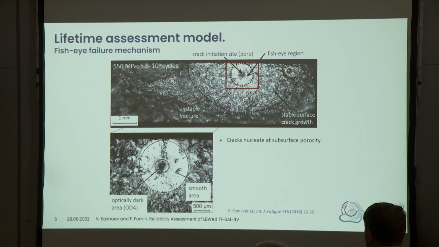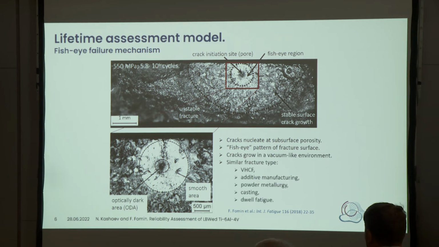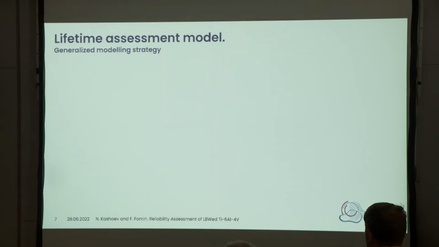Cracks nucleate at subsurface porosity, with a fish eye pattern on the fracture surface, and cracks grow in a vacuum-like environment because we have internal crack initiation. A similar fracture type is known for very high cycle fatigue, additive manufacturing, powder metallurgy, cast material, dwell fatigue, everywhere where we have internal stress concentrators.